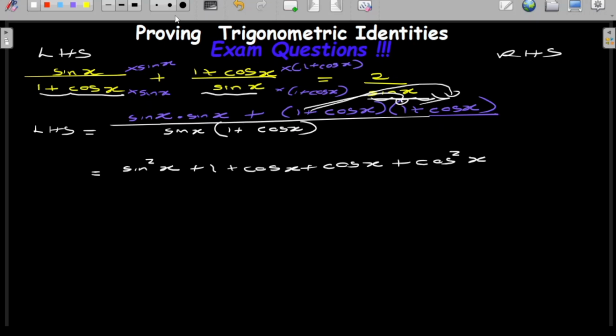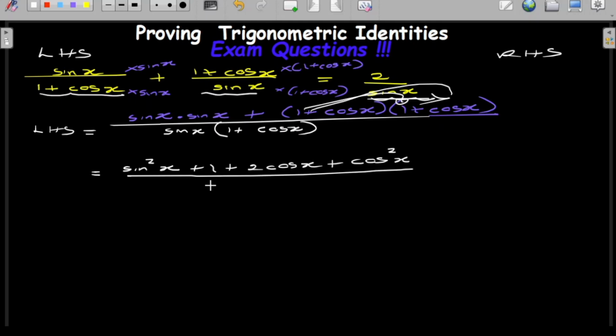So that means in the middle we have 2 cos x, but I'm not going to write that. I'm just going to edit one time. So this way I'm going to erase that. So we're going to have plus 2 cos x plus cos squared x.